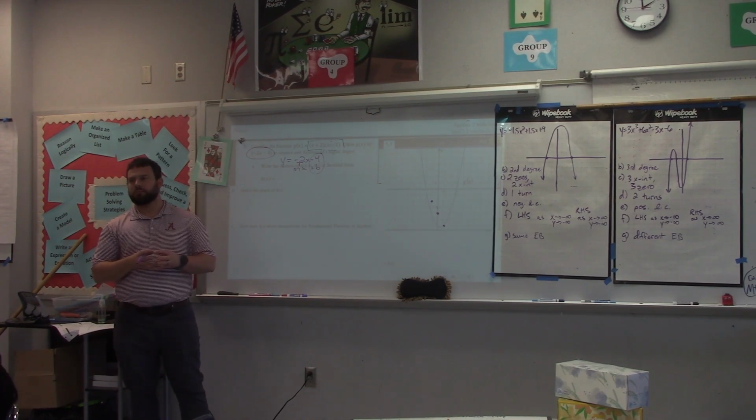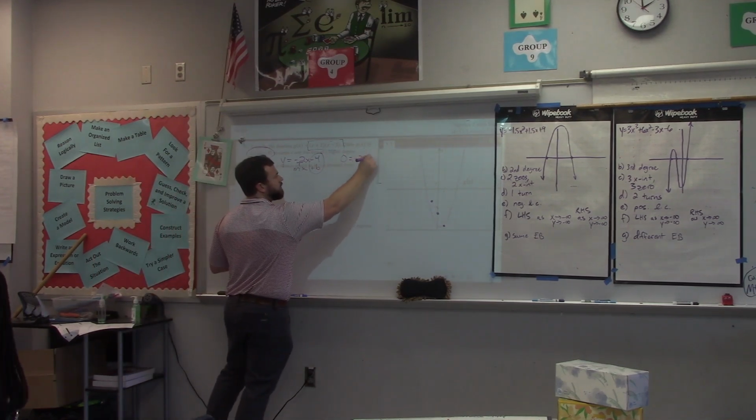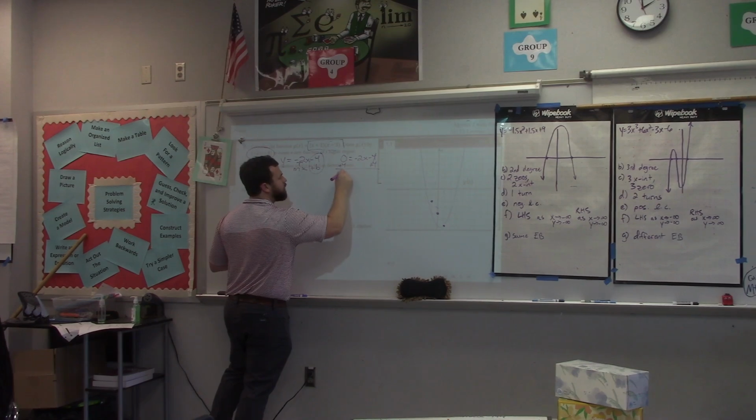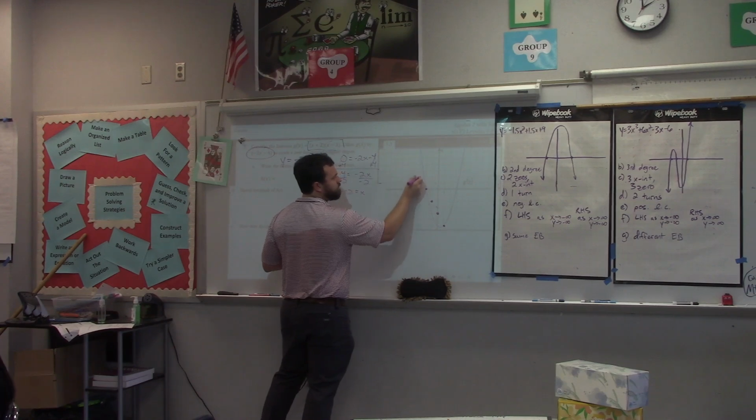Set it equal to 0 and find my zeros. If I had taken that time, I could have also done it this way. You choose what you think is best for you, but how many points do you need to graph a line? 2. So if I have my y-intercept and my x-intercept, then I've got my line.